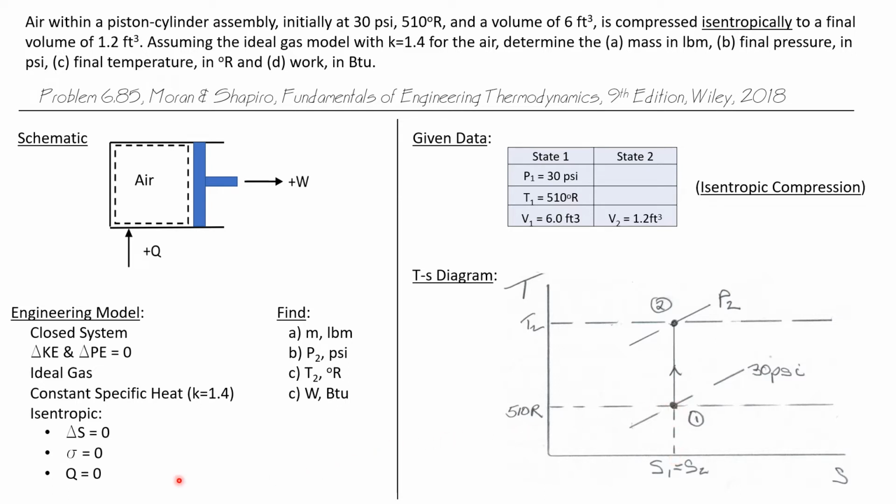Now, because the isentropic process tells us that delta S is 0, we know that state 2 on a T-S diagram has to be directly above state 1, that S2 will equal S1. And it will exist at some temperature T2 and some pressure P2 that we are asked to find.